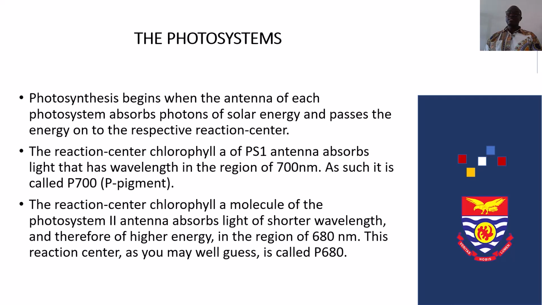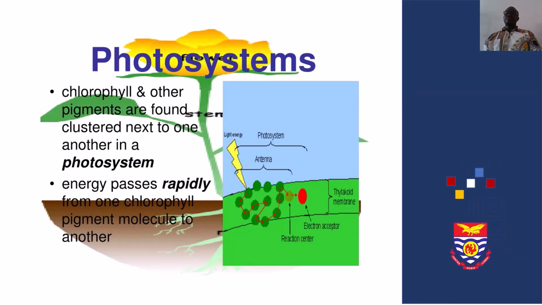As such, it is called P700 or pigment 700. The reaction center chlorophyll a molecule of the photosystem 2 antenna absorbs light of shorter wavelength and therefore of higher energy, in the region of 680 nanometers. This reaction center, as you may well guess, is called pigment 680, P680.